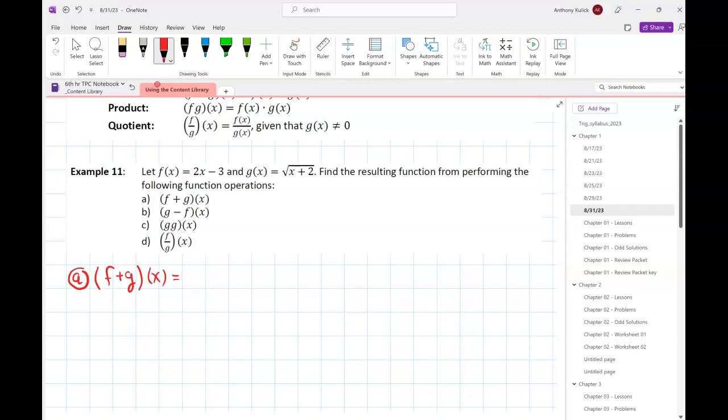From our definition above, that just should be f of x plus g of x. Well, I know in this problem, f of x is 2x minus 3. And I know that g of x is square root of x plus 2.